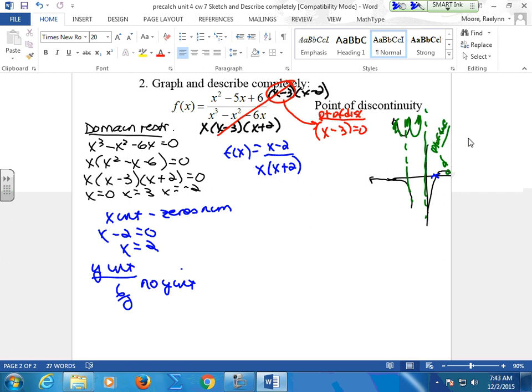So now, let's work at your vertical asymptotes. After factoring and reducing, go to your denominator. These are the zeros of your denominator. So we've got x equals 0 and x plus 2 equals 0.